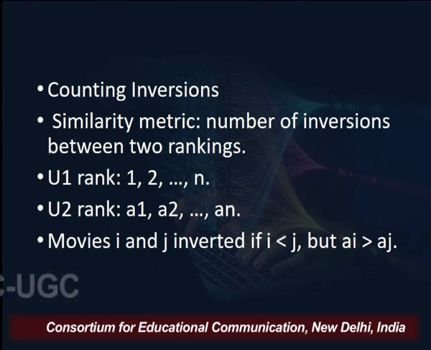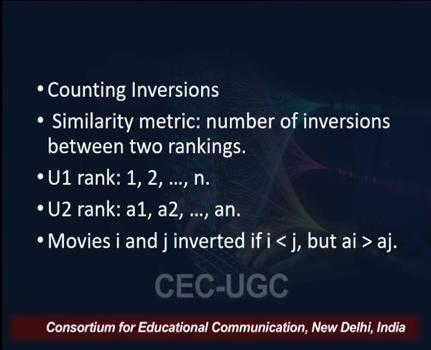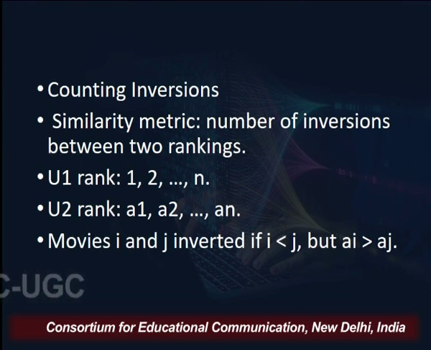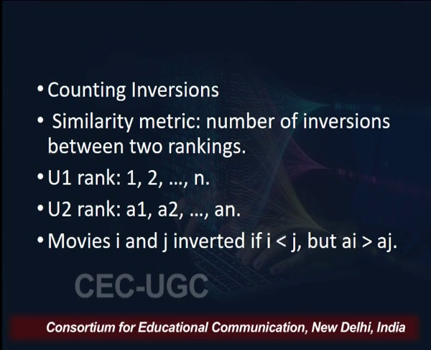We will be looking into various examples of counting inversions, where this similarity measure or movie ranking is going to be used. One very famous usage of this is in recommender systems. You all must be aware of that.